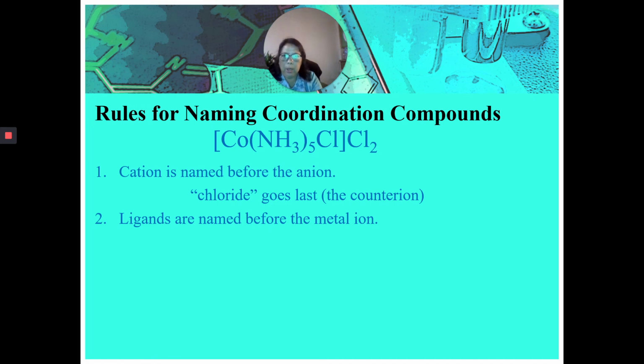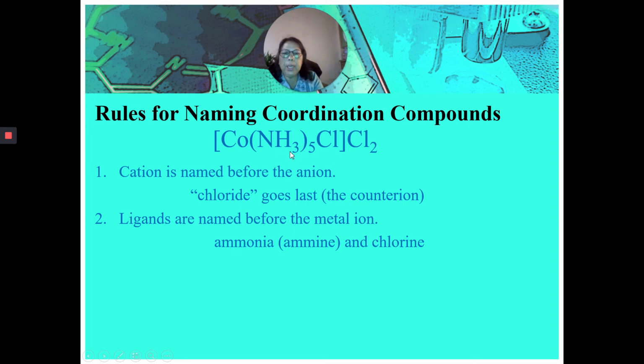So these are your, where's my pointer? Ligands. Okay. So your ligands are your amine and chlorine, and they are named before the metals. So do not start by saying cobalt pentaamine chloride. That is wrong.